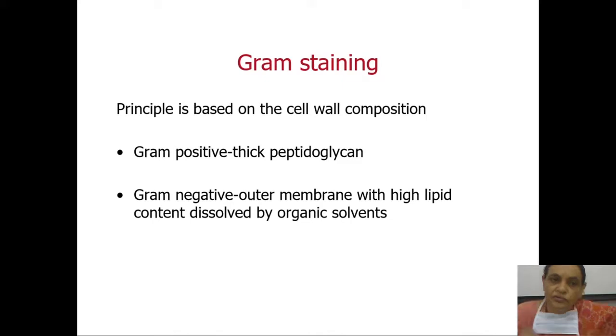So if you do the gram staining of the patient sample, if he is suffering from any infection, you will immediately know what is present there, and you can start your therapy. Interestingly, this cell wall also determines what type of antibiotic you are going to give. Because of this cell wall difference, the antibiotics would act on a gram-positive or a gram-negative accordingly.